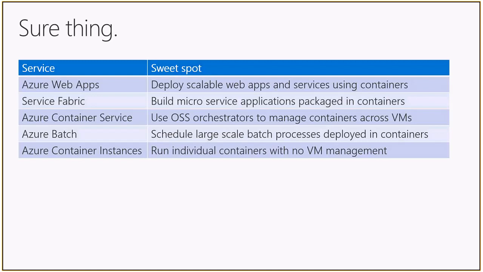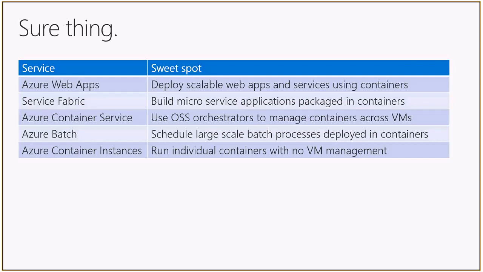Then you have Azure Container Service. If you want to run Kubernetes and take advantage of that, if you want to run these OSS orchestrators to manage your containers, use ACS. Azure Batch is for scalable batch processing, and Azure Container Instances is to run individual containers.